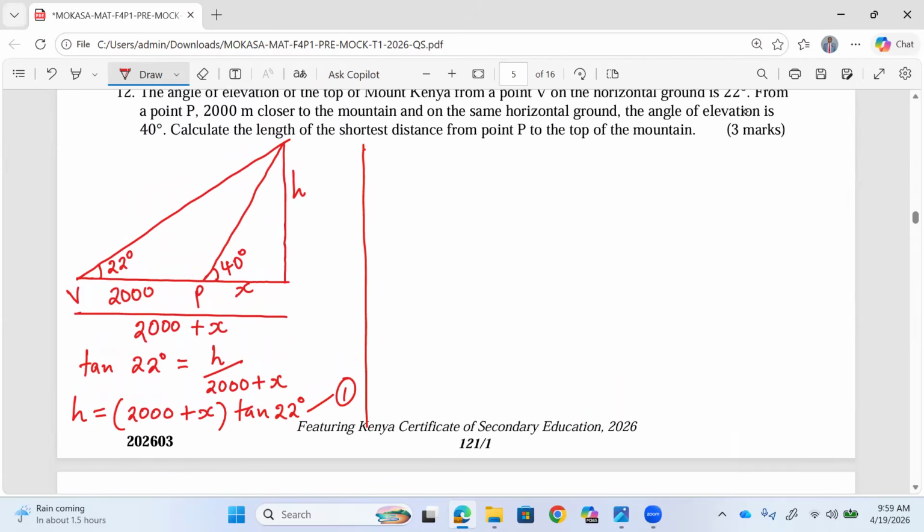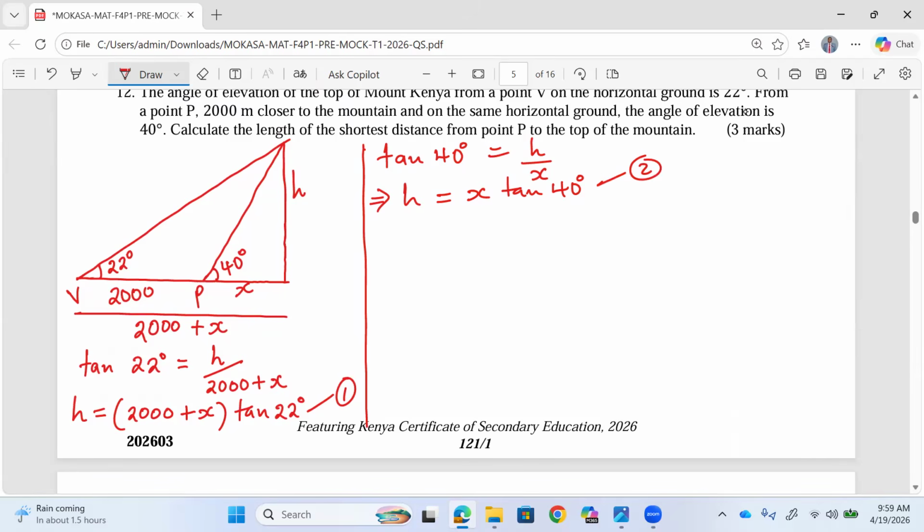Can we continue interpreting? Yes. We can also say that using 40, the tan of 40 degrees equals opposite out of adjacent. So how can we remain with h? h equals x tan 40, equation 2.